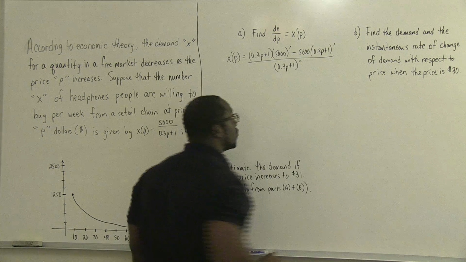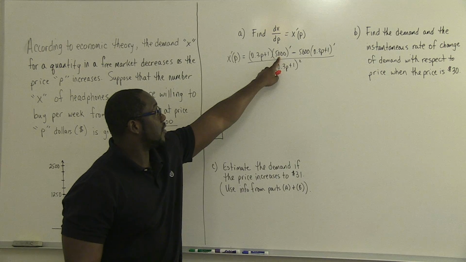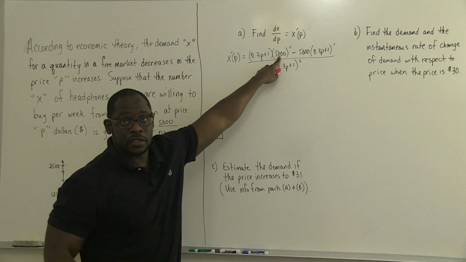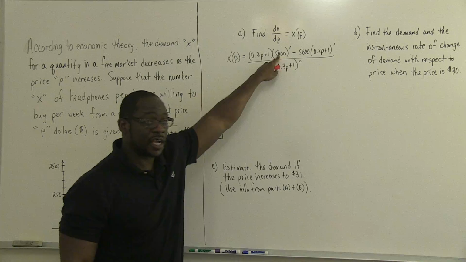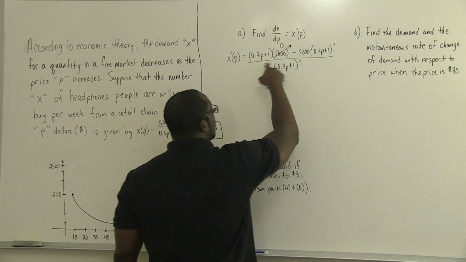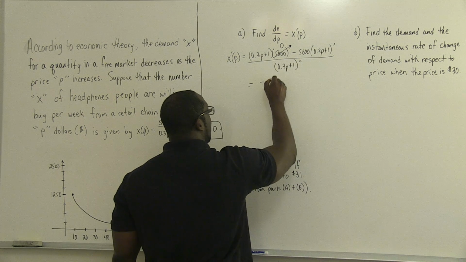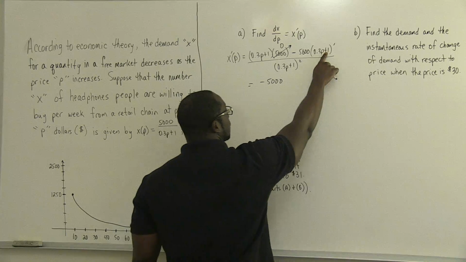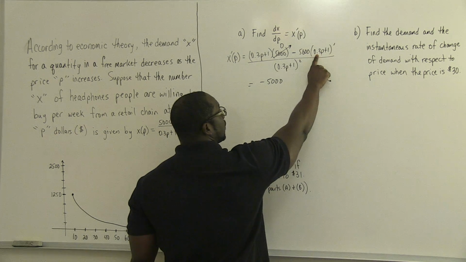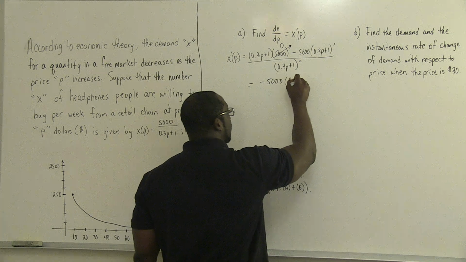the low function squared. If we look here, we see that the derivative of 5,000 is 0, because the derivative of any constant is 0. So this whole term will basically go to 0. Now we're just left with the minus 5,000, and the derivative of 0.3p is just 0.3.